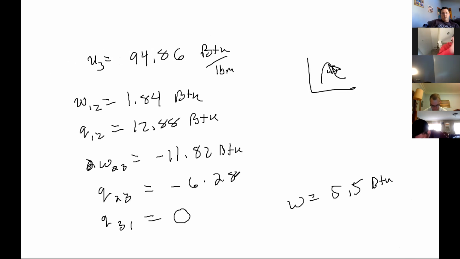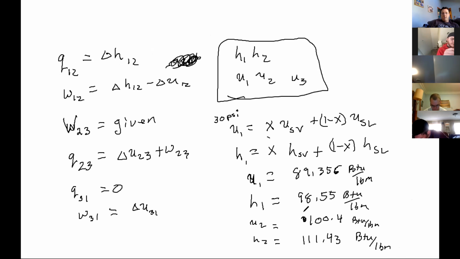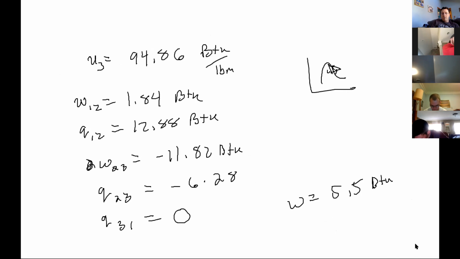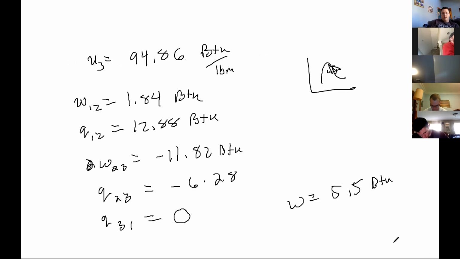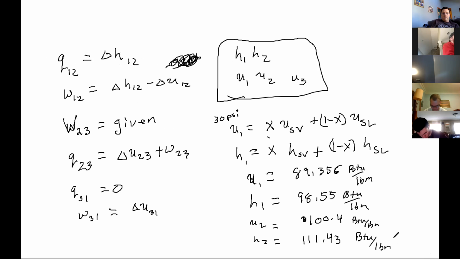Let's see here. So for H2, I'm getting 111.4 minus H1, which is somewhere 98.5.